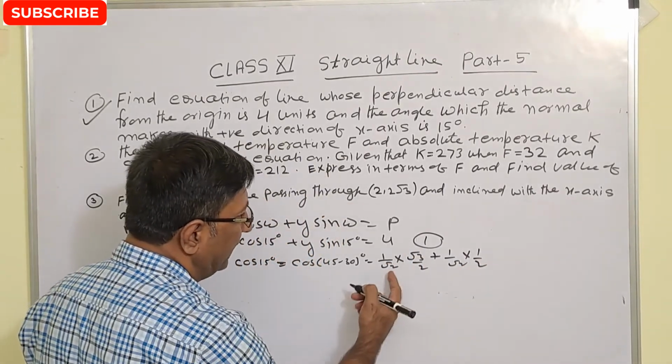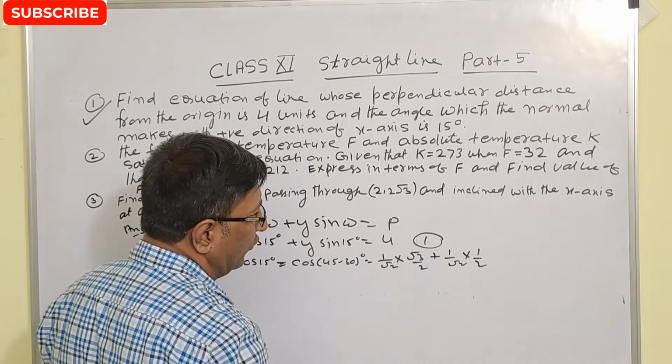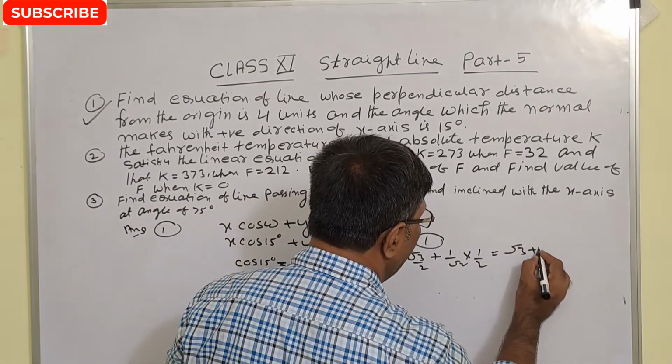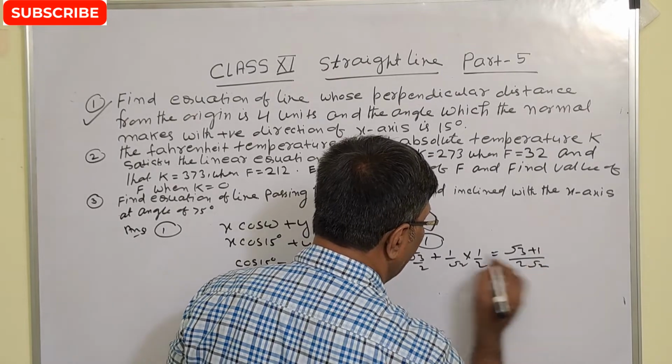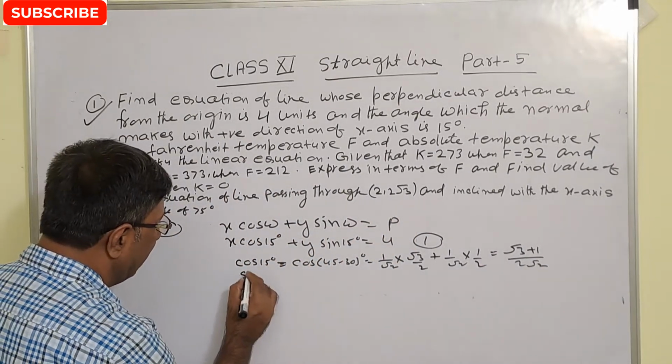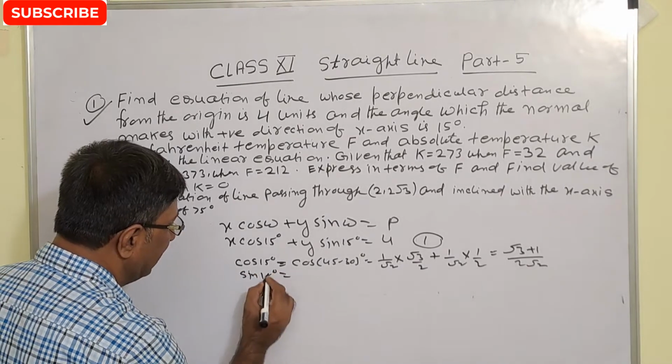So root 3 by 2 root 2 plus 1 by 2 root 2. So this is how much? Root 3 plus 1 divided by 2 root 2. This is cos 15.